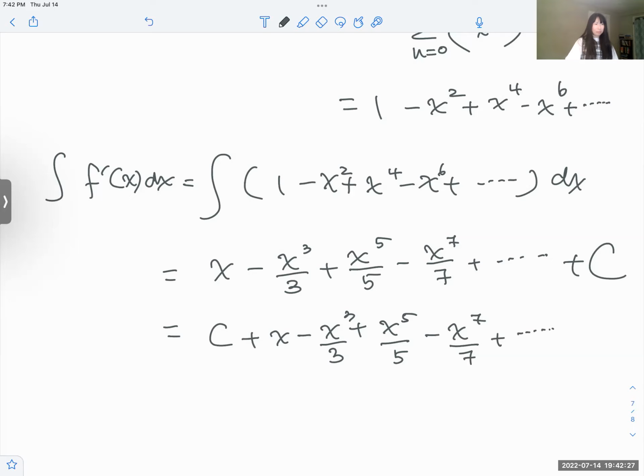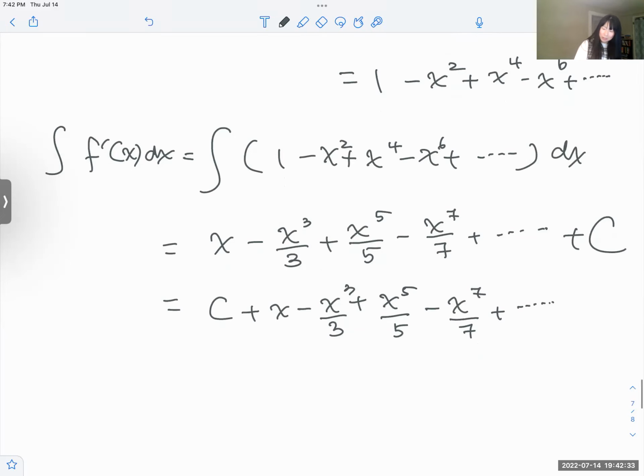Now, how do we find the C? We always set x equal to 0, the easy one.